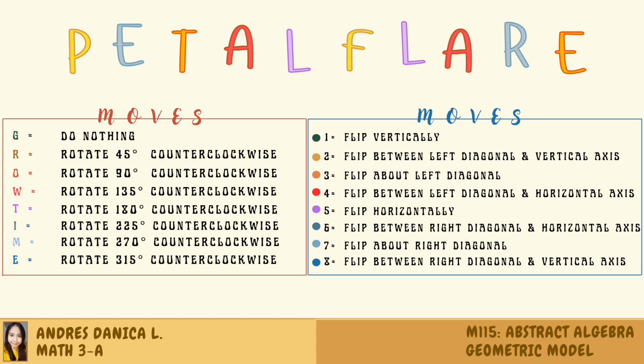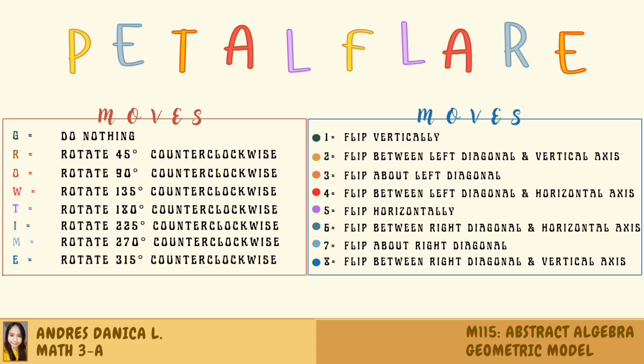For element G, we have do nothing. For element R, we have rotate 45 degrees counterclockwise. For element O, we have rotate 90 degrees counterclockwise. For element W, we have rotate 135 degrees counterclockwise.